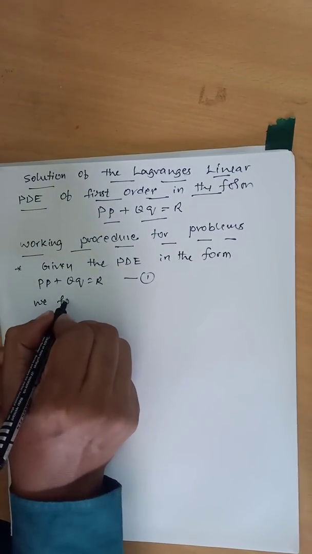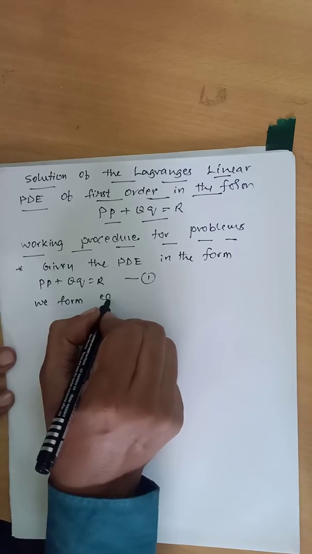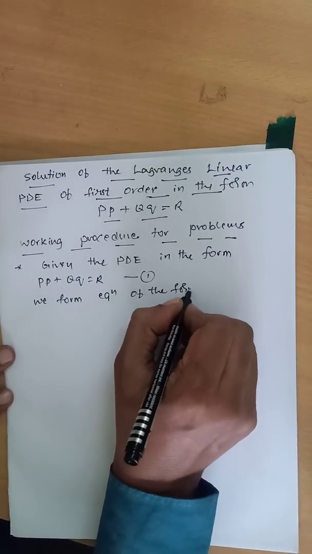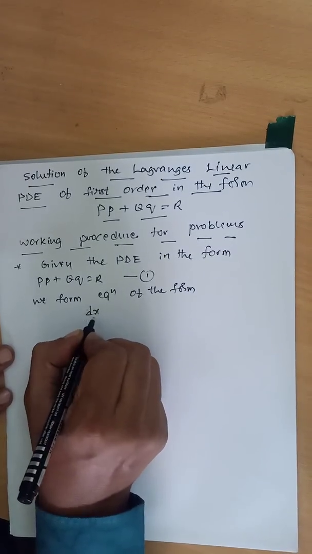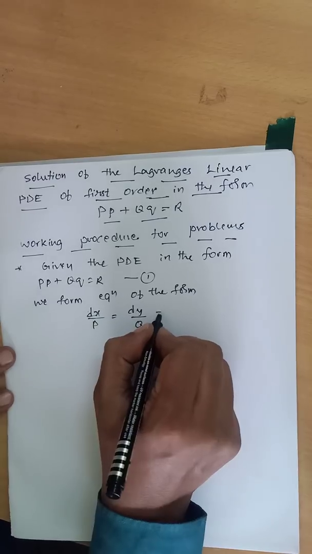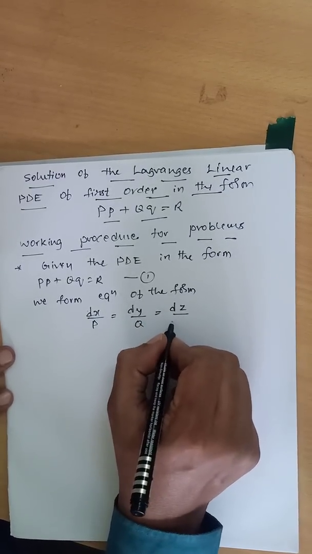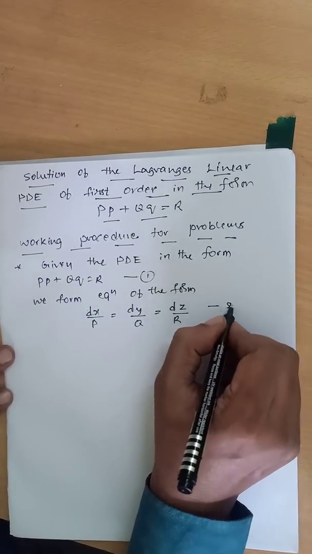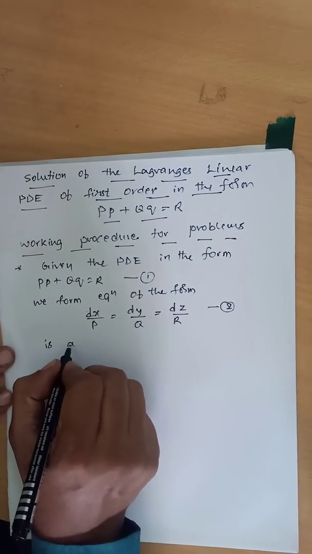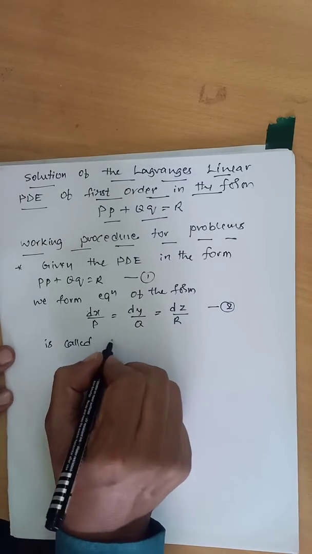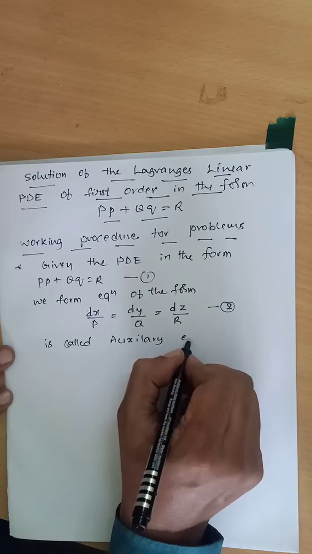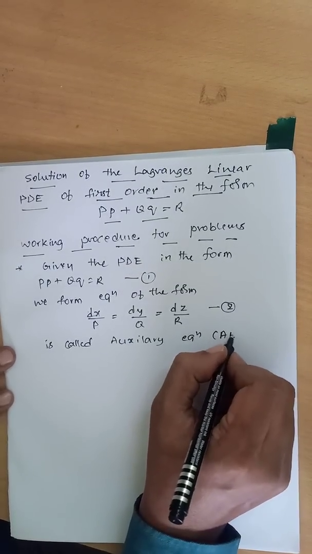We form an equation of the form dx by P is equal to dy by Q is equal to dz by R, which is called the auxiliary equation.